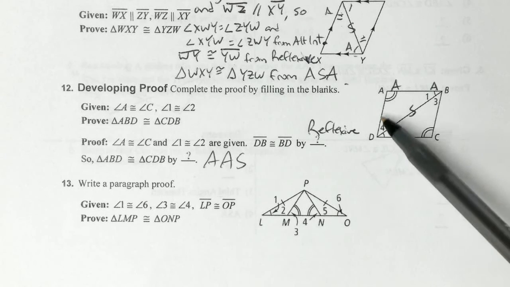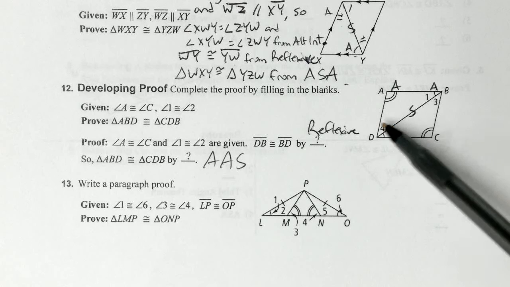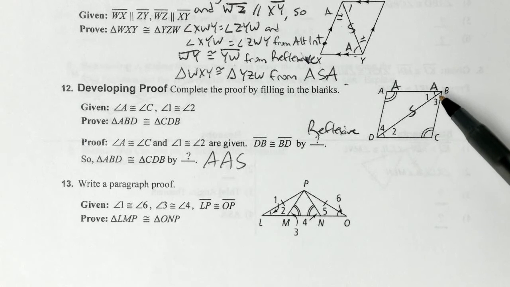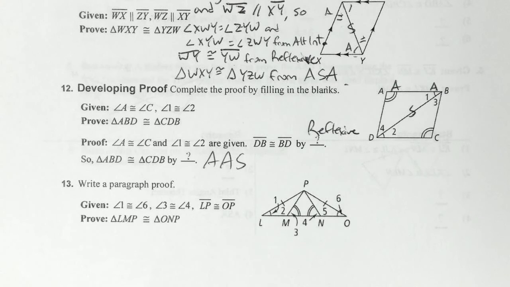If they used angle 4 with angle 1, it'd be ASA, but this is AAS. Any questions?